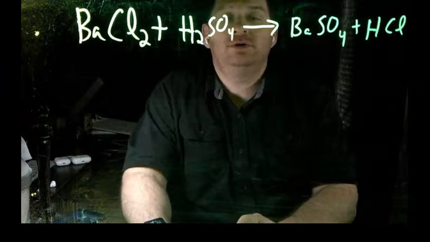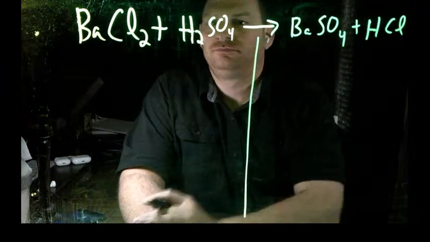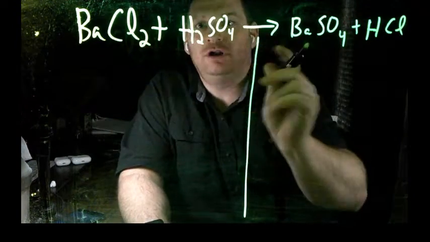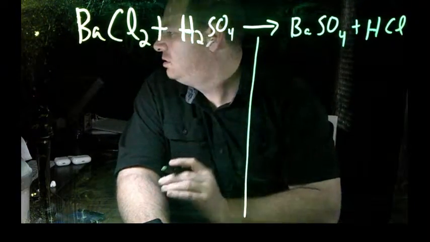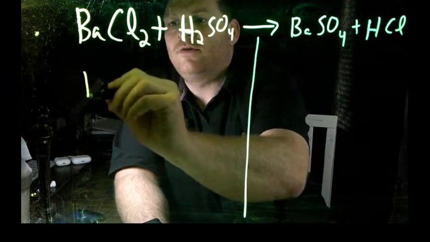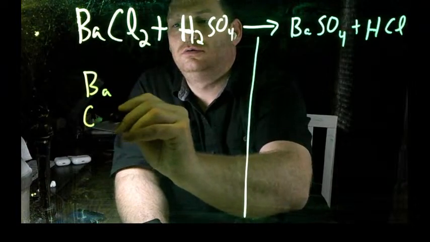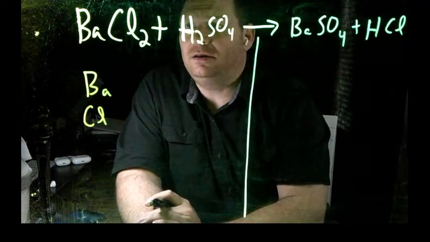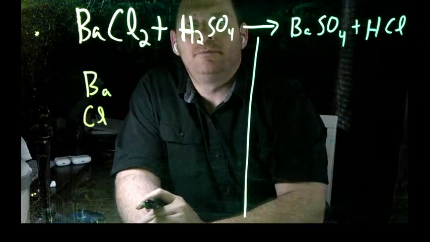How should we do this? Well, let's start off by drawing a line underneath our arrow, then listing out our unique elements. We have a Ba. We have a Cl. So it's not C-I, it's C-L, because they have a capital and a lowercase.